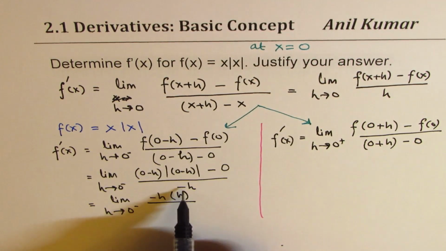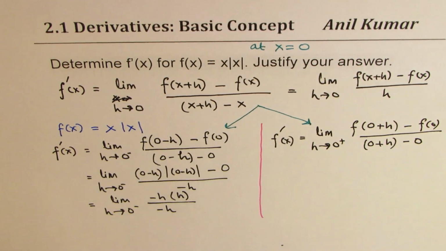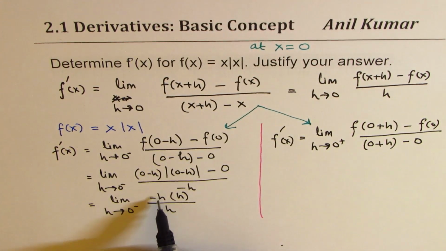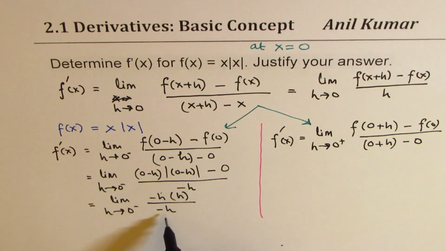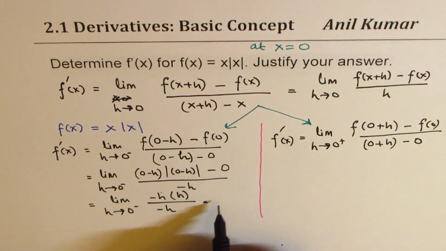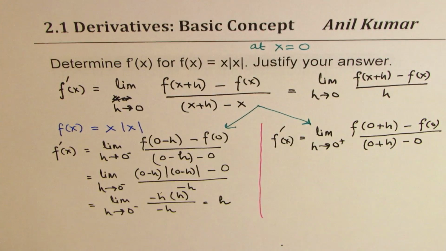Divide by minus h. The minus and minus cancel, so we get a value h. And substituting 0, we get 0.